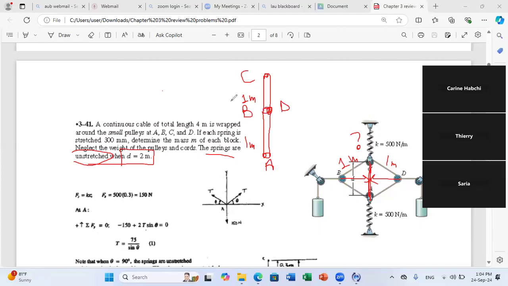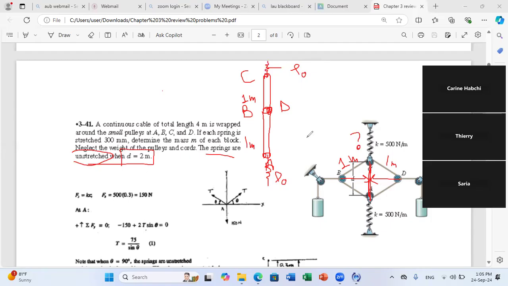Initially, in this position, all springs were at L0. This spring was at L0, and this spring was also at L0, because they said that the springs were unstretched.